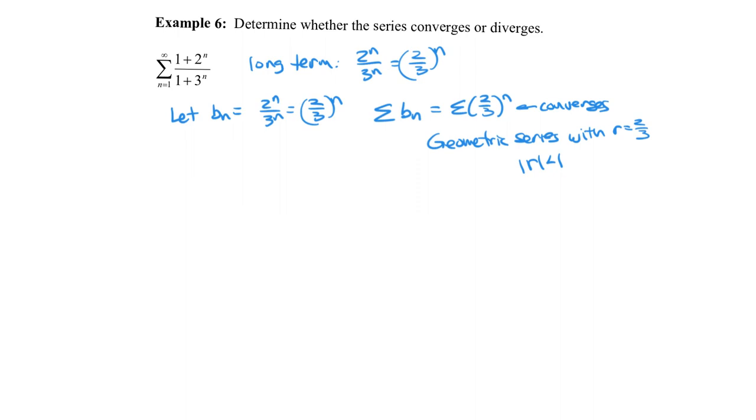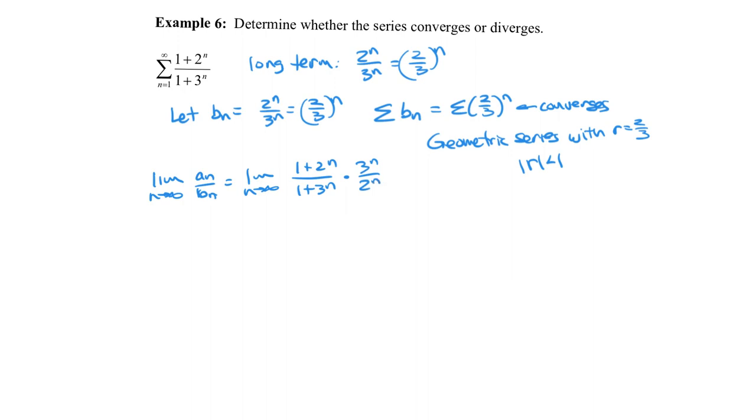So let's do the limit comparison test. We take the limit as n approaches infinity of a sub n over b sub n, which is going to be the limit as n approaches infinity of 1 plus 2 to the n over 1 plus 3 to the n. And once again, instead of dividing by b sub n, I'm going to multiply by the reciprocal of b sub n, which would just be 3 to the n over 2 to the n, right?